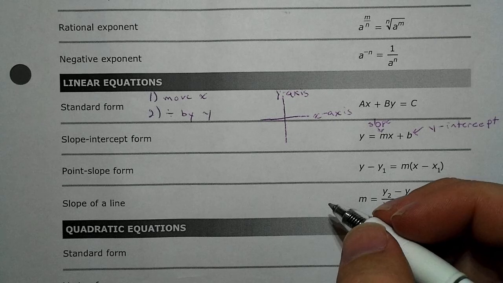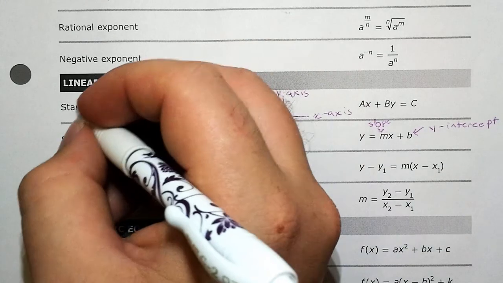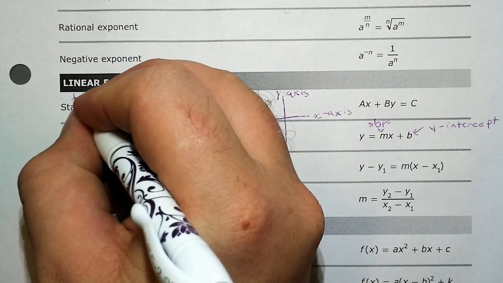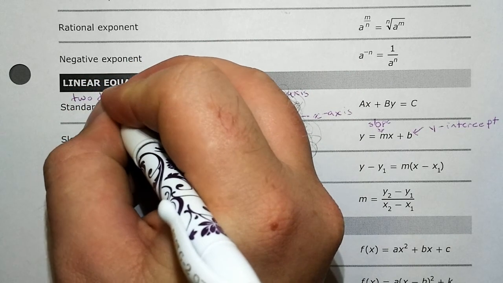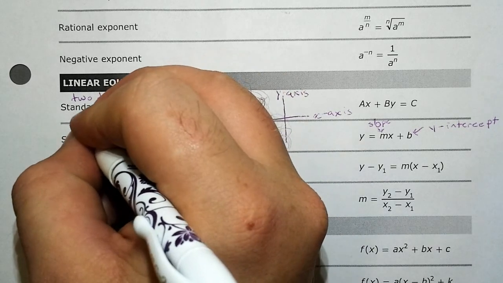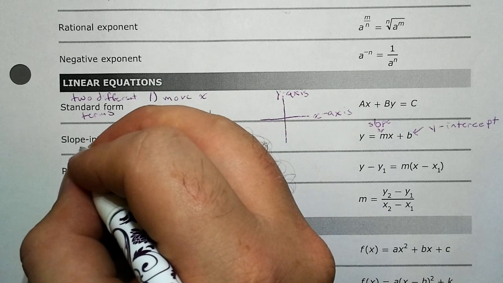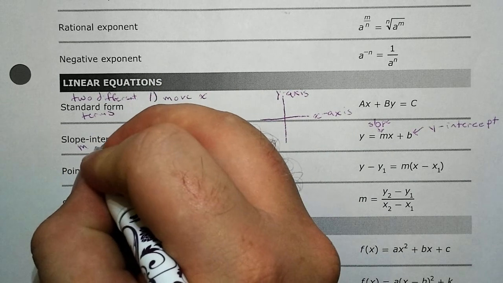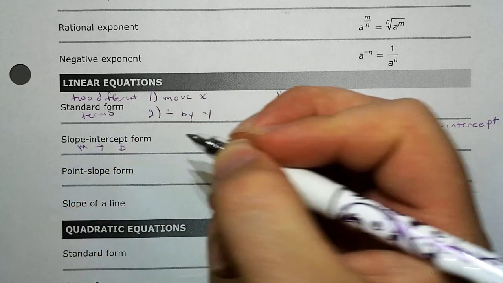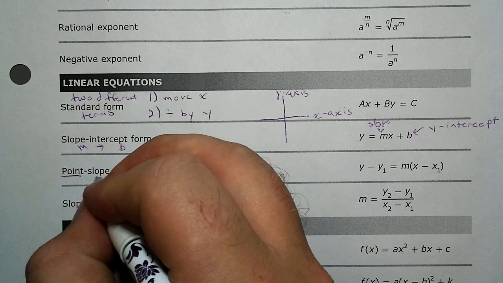Point slope form. Okay, so standard form, you use it when you have two different terms. Slope-intercept form, you use it when you have a slope, an m, and when you have a b. Point slope form, you're going to use it when you have a point and a slope.